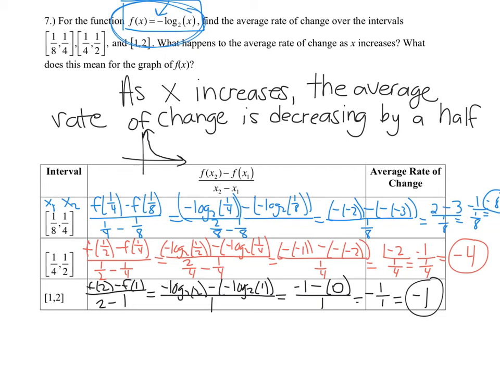Therefore, it doesn't have an actual slope value for the entire graph, but we can break it down into these little segments and calculate their average rate of change the same way we would find the slope of any line. You're going to calculate your y values, so that's what we're doing in the top there. Find the difference in those two y values and divide it by the difference in the x values. And then we can compare them and talk about what's going on with the graph.